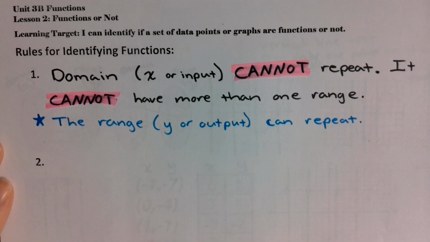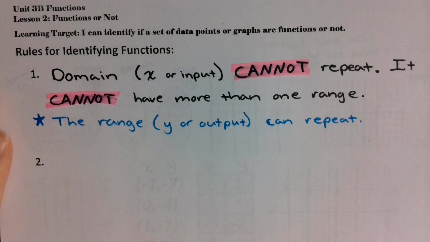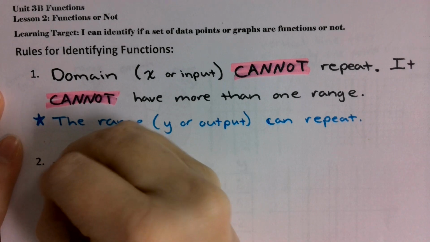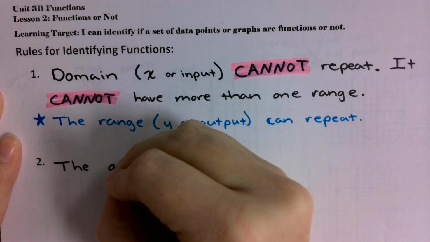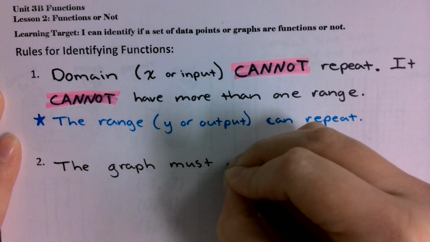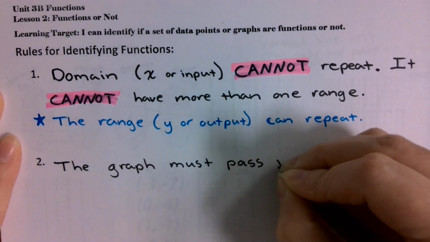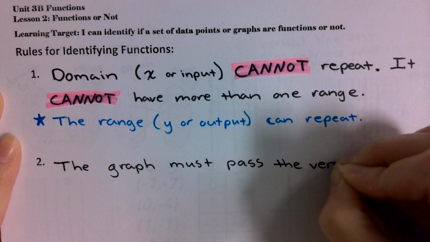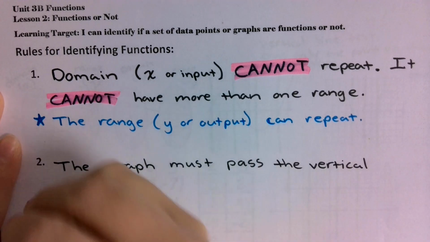Okay, and then rule number 2, if we're looking at it graphically, the graphs must pass the vertical line test. The graph must pass the vertical line test.